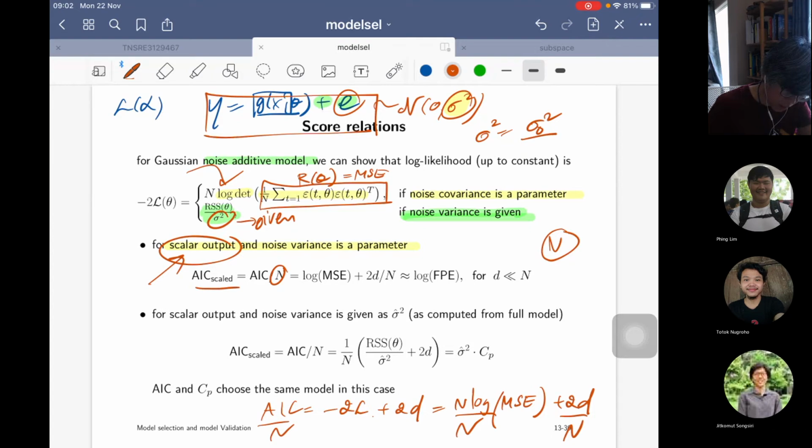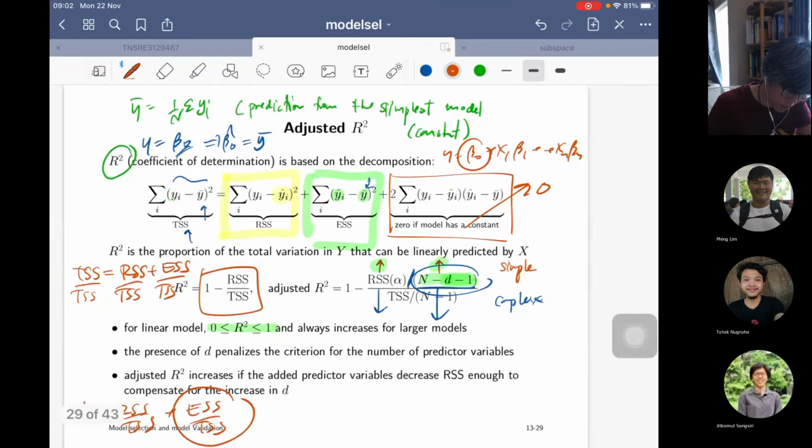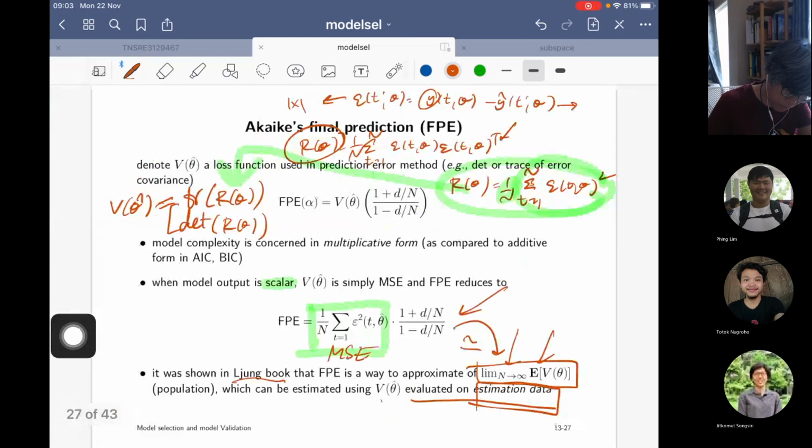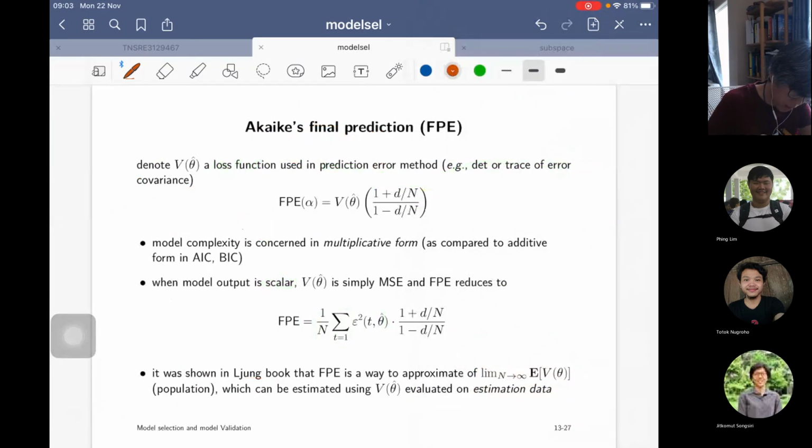We can show that this is going to be approximately the same as the log FPE. Now we take the log of FPE.